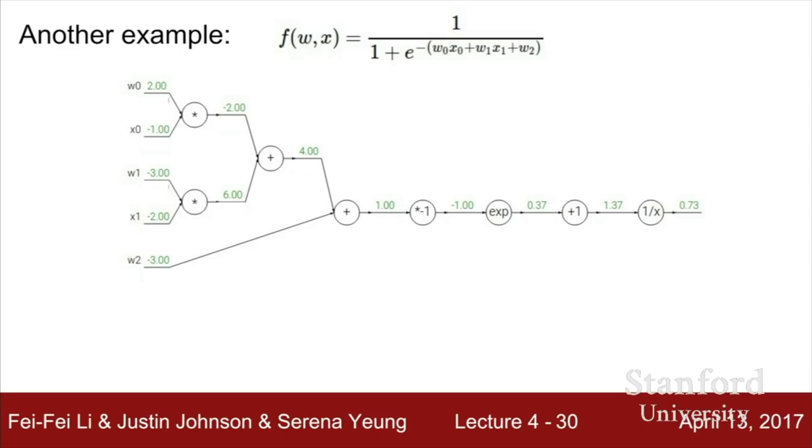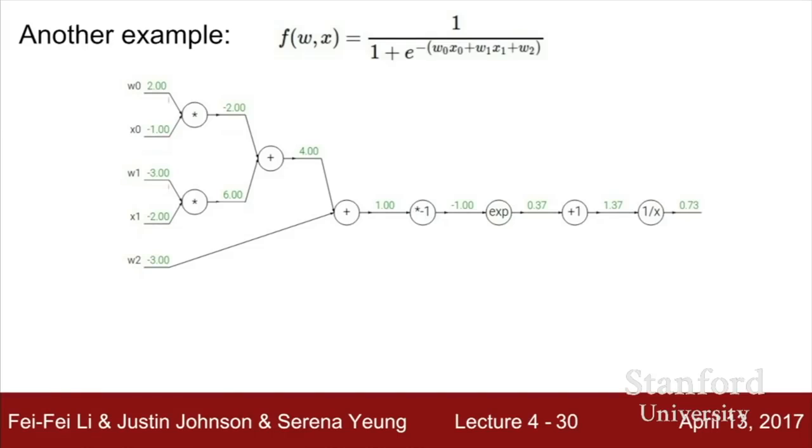So in this graph, first we multiply together the w and x terms that we have, w0 with x0, w1 with x1, and w2. Then we add all of these together, right? Then we scale it by -1. We take the exponential, we add 1, and then finally we do 1 over this whole term.